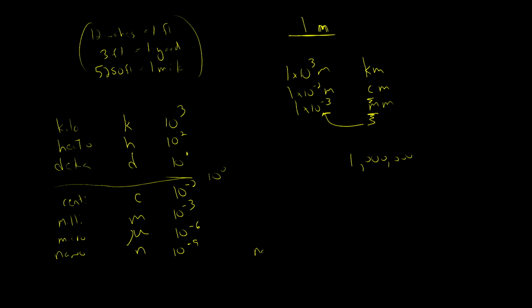Right, so a nanometer is the size of light waves. Micrometers, that's the size of bacteria. And millimeters, that's like how much nails grow.